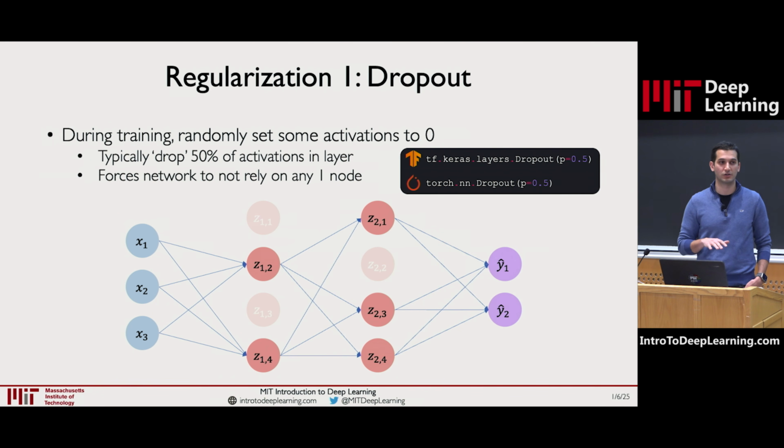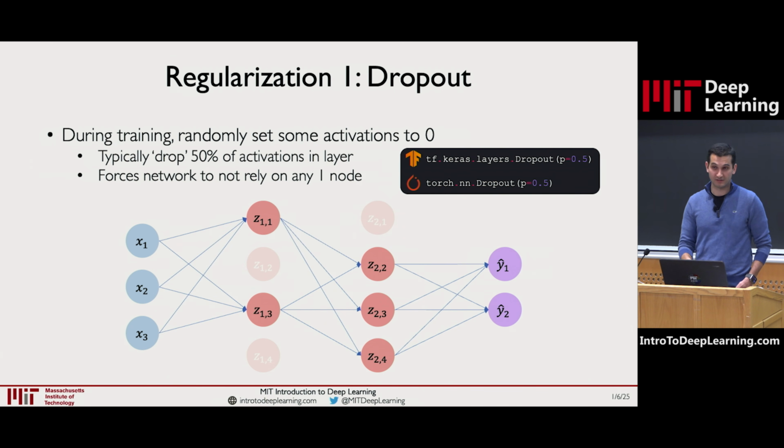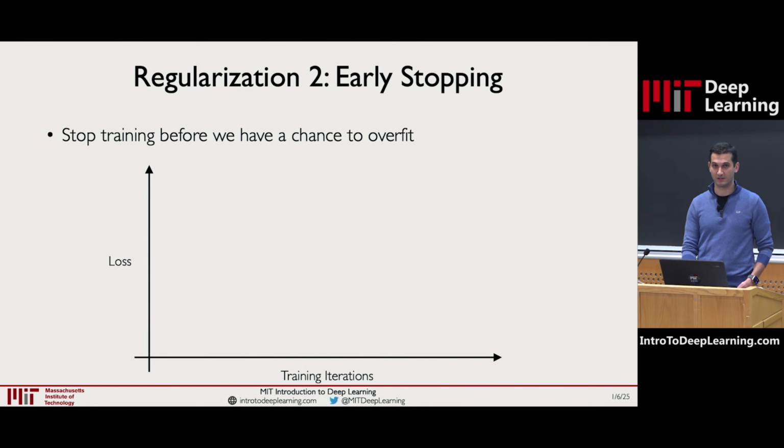It discourages the model from learning a singular pathway through the network. It's forcing the model to learn multiple pathways to make a single decision. On every single iteration, we repeat this process. Every time it sees a new piece of data, or every time we do a forward pass, it creates a random pathway for this data to pass through the model.